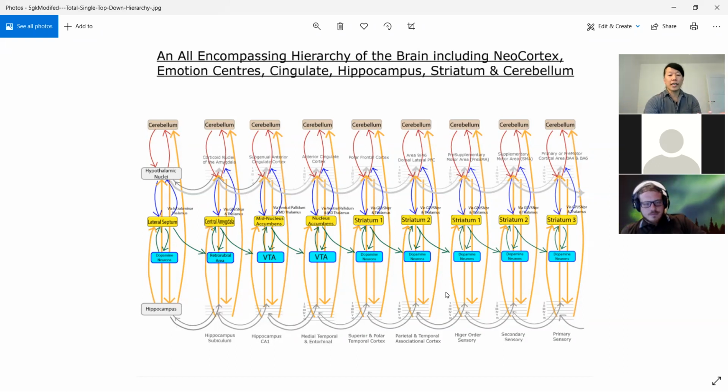And it's not a strict hierarchy. One layer of the hierarchy doesn't strictly project to just the adjacent layer. Sometimes they might skip a layer, but predominantly 80%, 90% of all projections are to the next level.